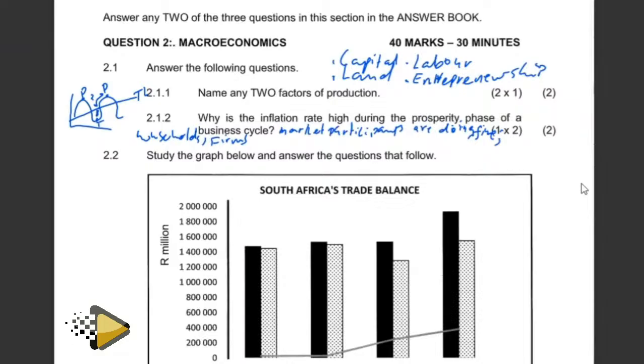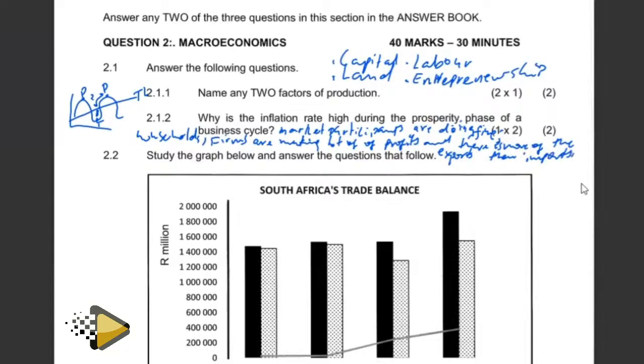So it means households or firms are making a lot of profits, and there is more of the exports than imports.